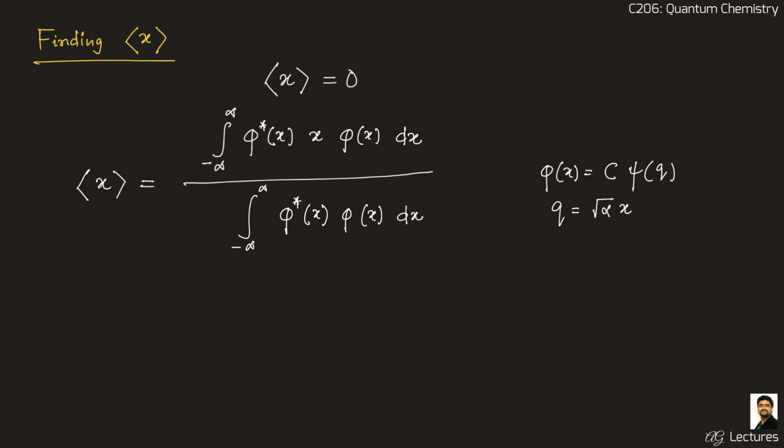So therefore, q and x were just related by a constant amount. I'm not saying that this particular constant is a dimensionless constant like epsilon was, right? This alpha is actually not a dimensionless constant. It has certain dimensions, but nonetheless, it's a constant, right?